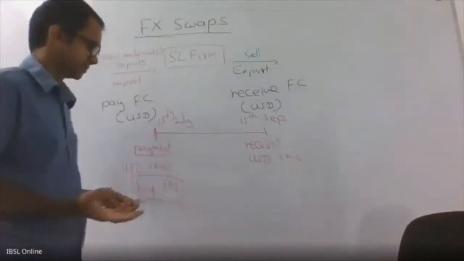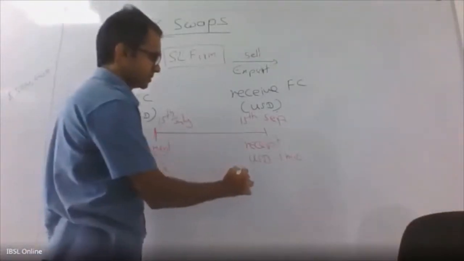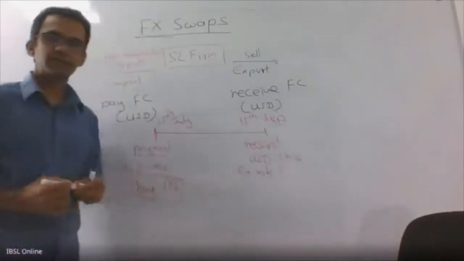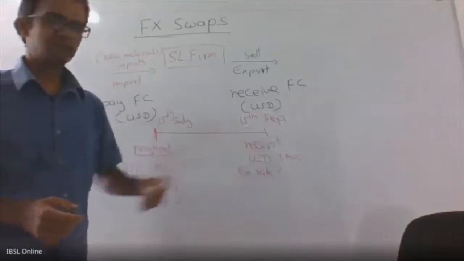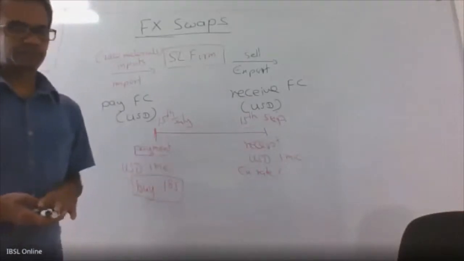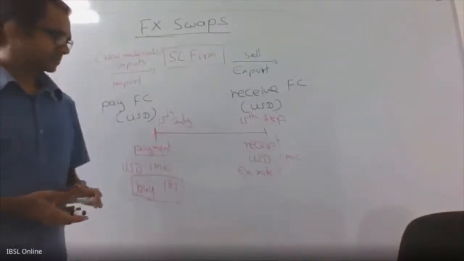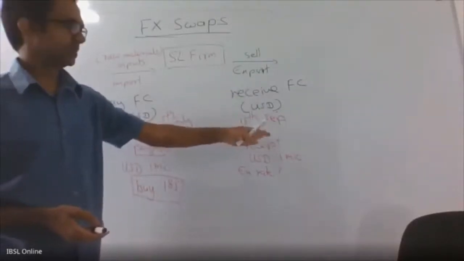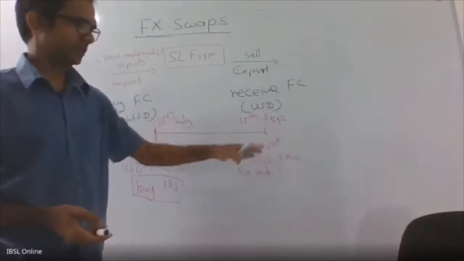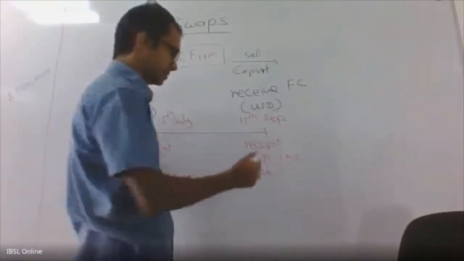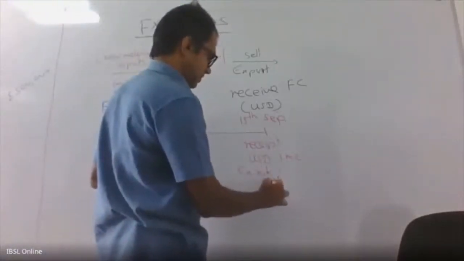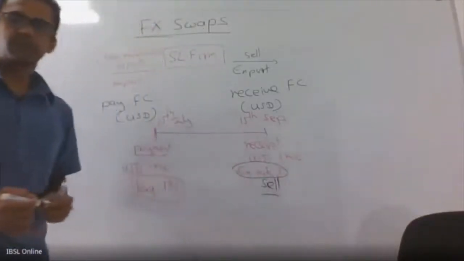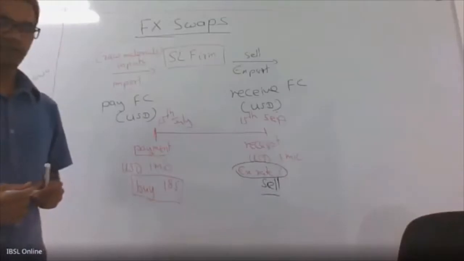But we don't know what the exchange rate would be at that point of time, 15th September. Whenever the firm receives that $1 million on 15th September, it can sell it at whatever exchange rate prevails at that time.